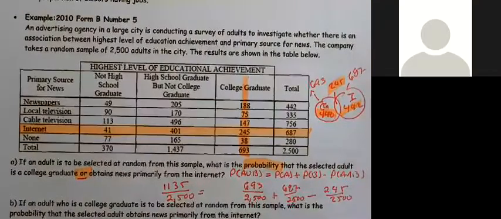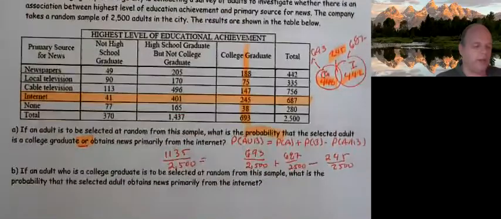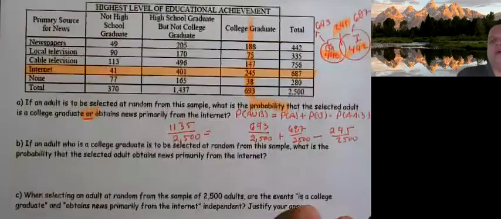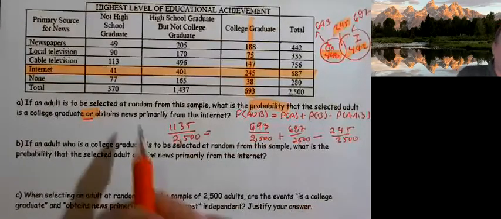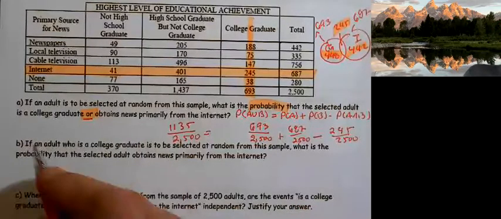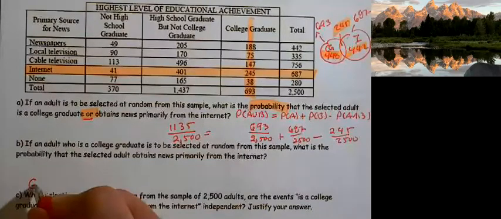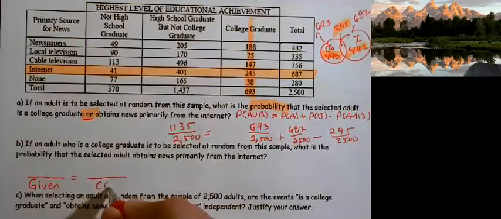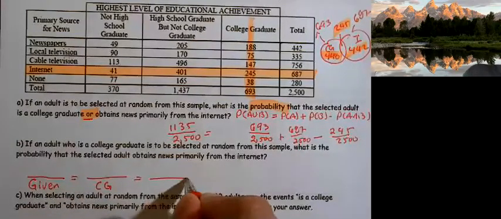If the adult who is a college graduate is to be selected at random from the sample, what's the probability that the selected adult obtains news from the internet. Well, now they're saying, okay, the adult is a college graduate. So we have a given, all right? So given that they're a college graduate, how many college graduates are there?